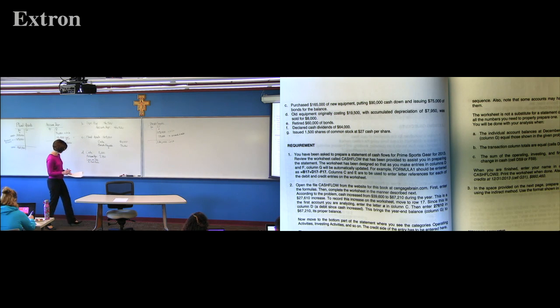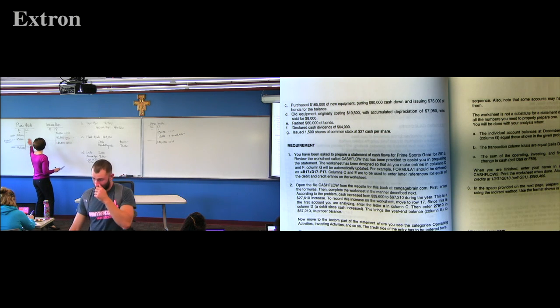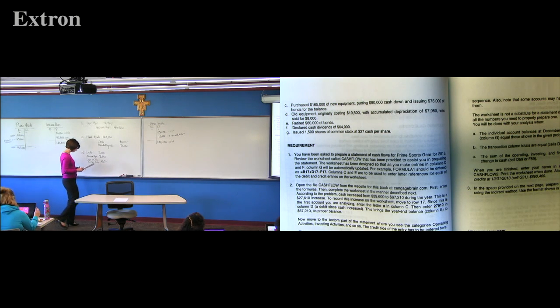The loss is actually $3,550. And then I'm going to credit equipment because it's the equipment that I'm removing. And then we call that plant asset. We don't call it equipment. All the plant assets are in that one account. And that amount is the original cost of $19,500. Okay.